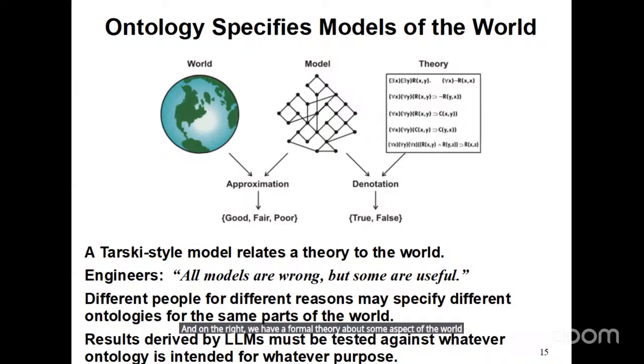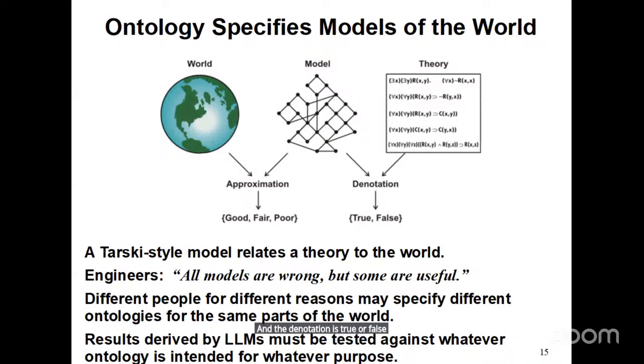And in the middle is a model, which can be some graphic representation of some kind. And that model is an approximation to the world. And the model may have a precise denotation, which is exactly the same as the denotation of the theory. So the approximation is good, fair, poor, and the denotation is true or false.